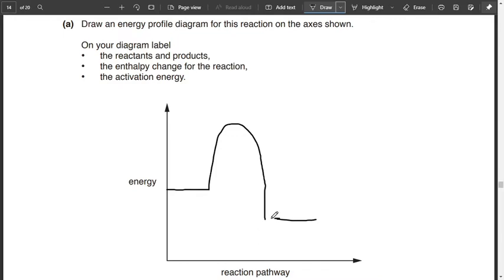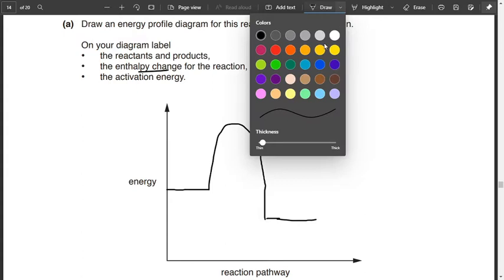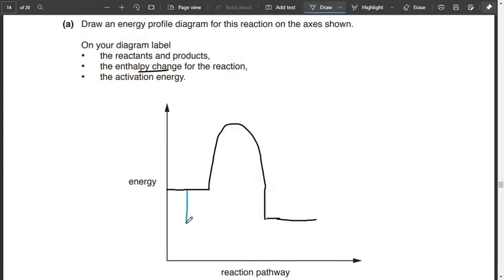Okay, and then we'll talk about the activation energy. Or wait, let's talk about enthalpy change first. So here we have enthalpy change, which is going to be downwards. This is basically the enthalpy change we have.